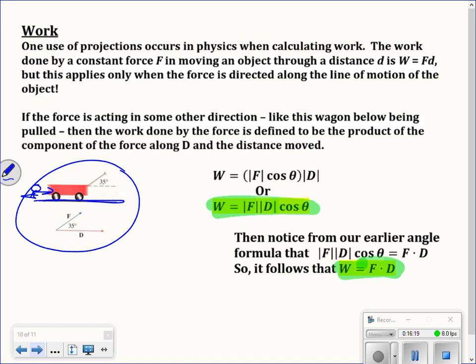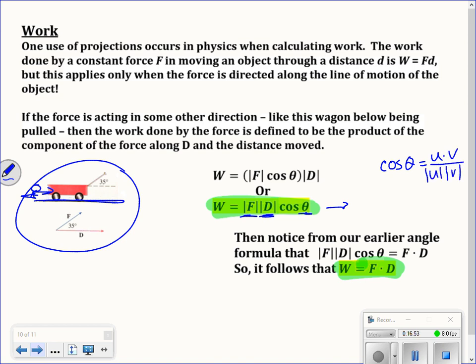All right, so if the force is acting in some other direction, like this wagon here, then the work done by the force is defined to be the product of the component of the force along D and the distance moved. So in our case, we would have to know how much force we're using, the distance that we're going, and the angle that we're applying this force in. This also comes from the formula we had earlier, cosine theta equals u dot v over the magnitudes multiplied together.